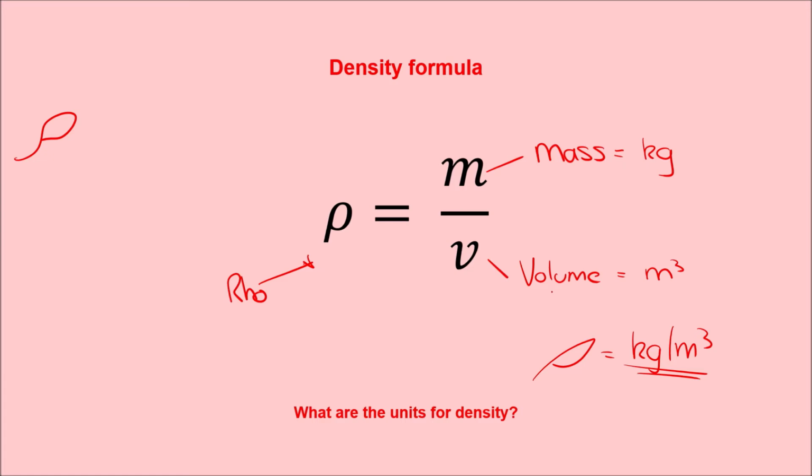Please bear this in mind: this V is a capital V for volume, not a small v for velocity. This is one of the things that gets people confused when we're talking about fluids. Keep your eye out for some upcoming videos on fluids where we do use a V for velocity as opposed to volume, but we'll keep our wits about us as always.